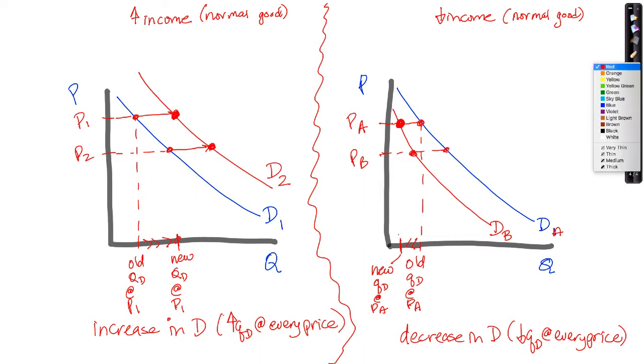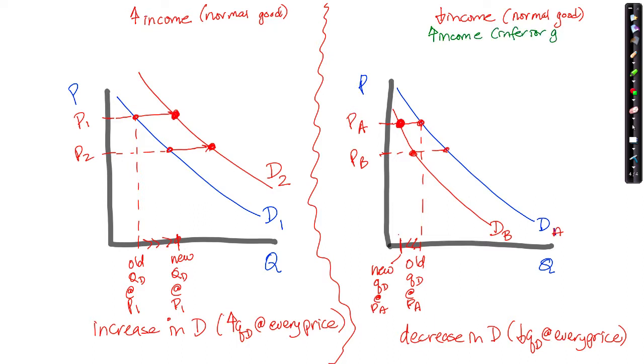But if it's an inferior good, if it's one of those things like spaghetti sauce where you buy more of it when your income goes down, then an increase in income for an inferior good will decrease demand. So when income went up, people switched away from spaghetti sauce and back to restaurant meals. And a decrease in income for an inferior good will cause an increase in demand.